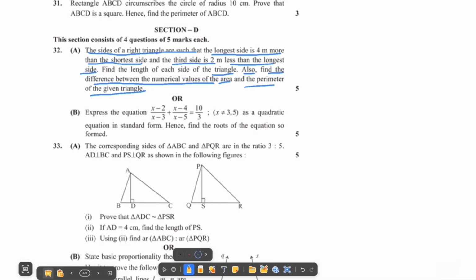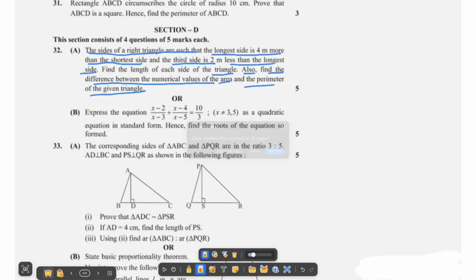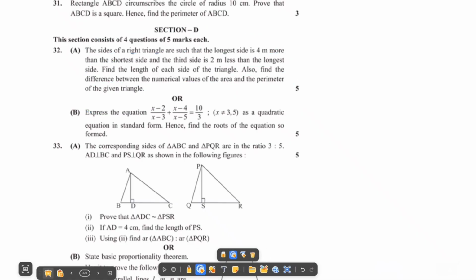So here a right angle triangle is given, and it is given that the longest side is 4 meters more than the shortest side, and the third side is 2 meters less than the longest side. So let's try to find it.